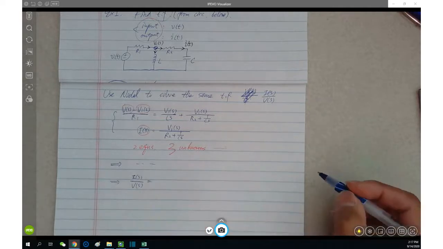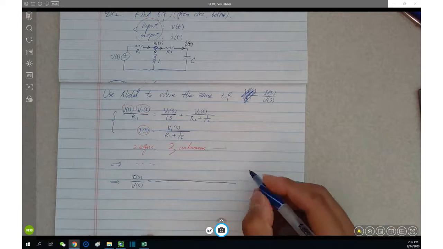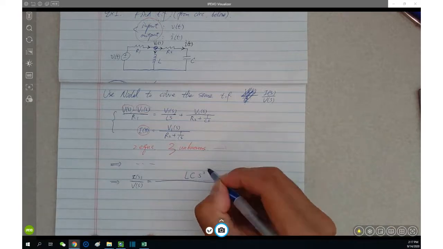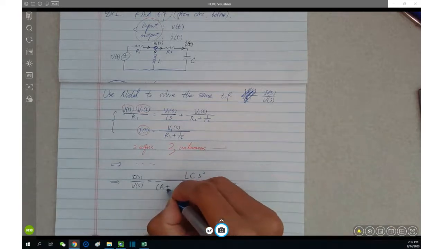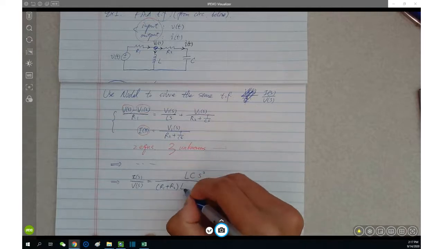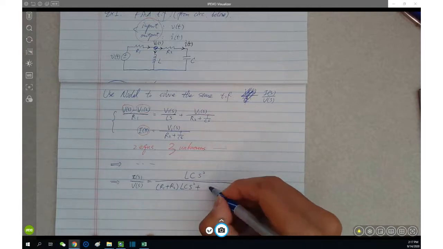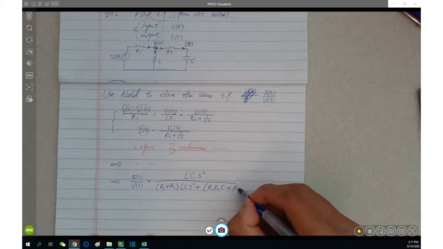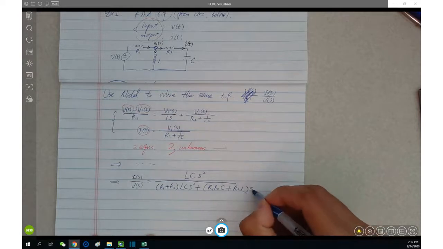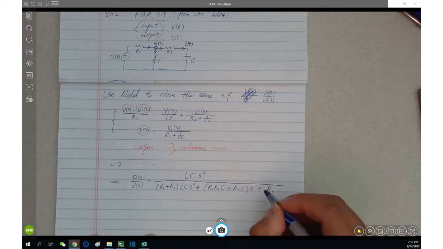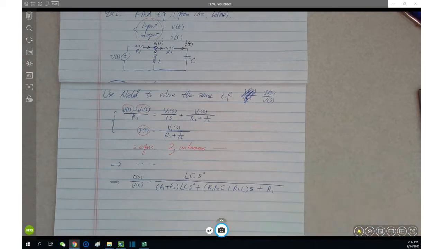Now, of course, let me present the correct result here, so in case you want to try it yourself sometime later, you can compare your result with the solution here. This is the solution. The denominator is a second order polynomial of s.